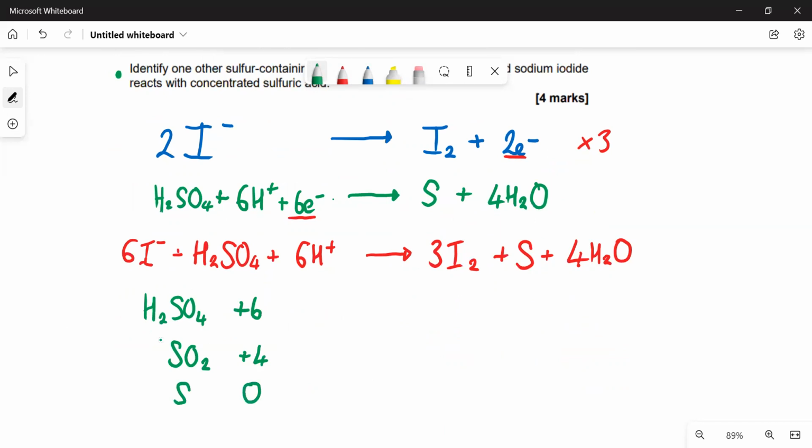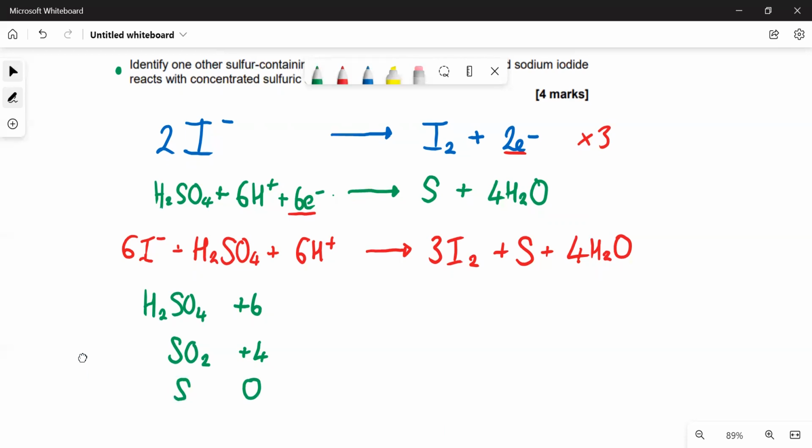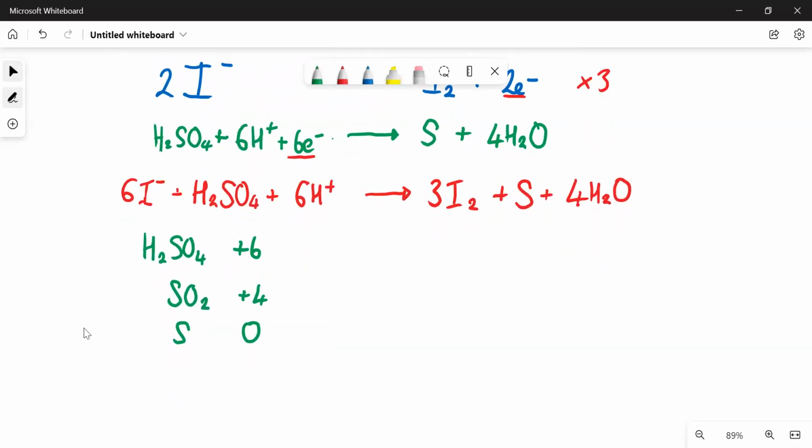And it can also reduce it right the way down to hydrogen sulfide, which has got an oxidation number of -2. Okay, right. So you obviously can't include sulfur as an answer because that was given besides sulfur. So sulfur dioxide or hydrogen sulfide.